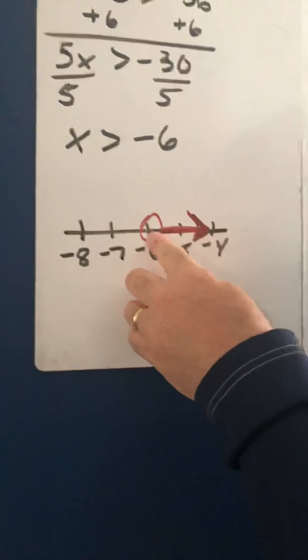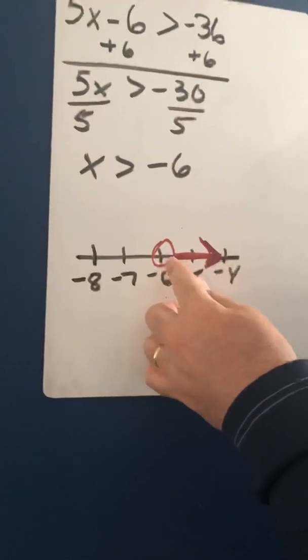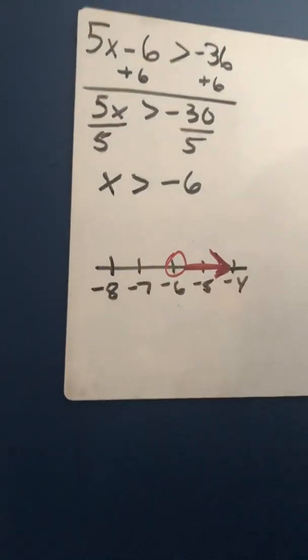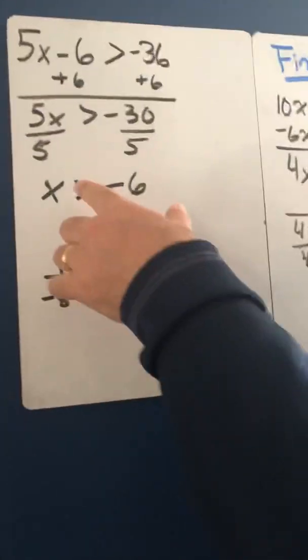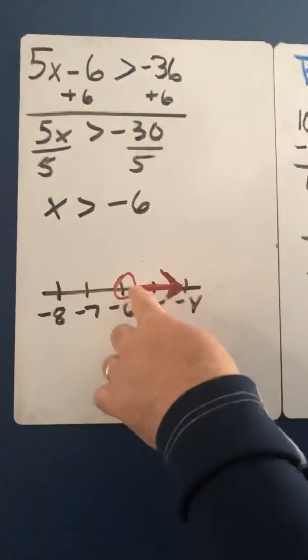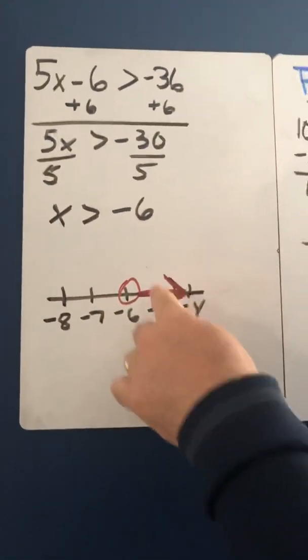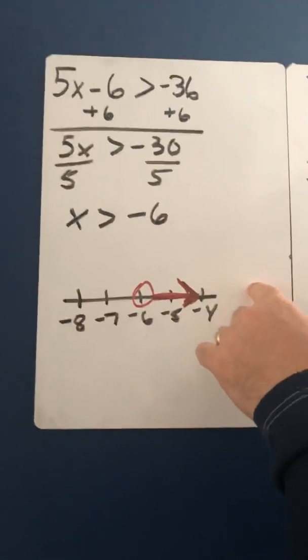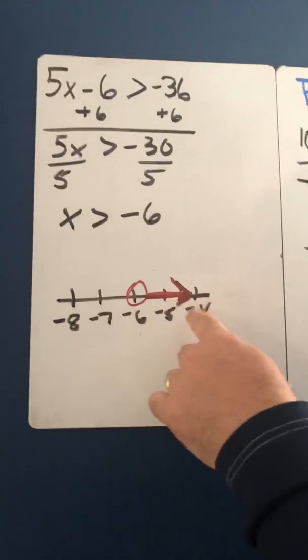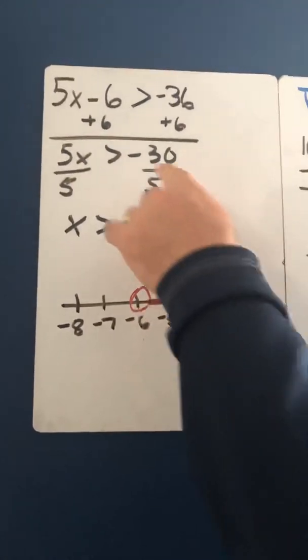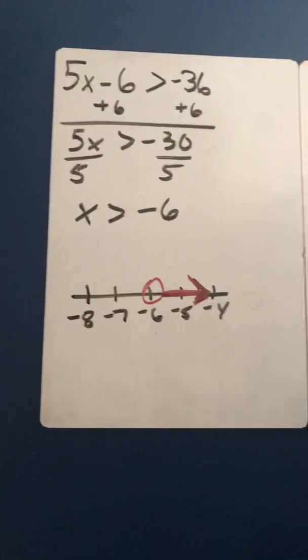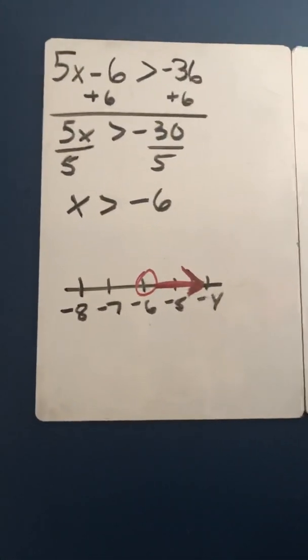This tells me not to include negative 6, but every number that's greater. That's another important difference between inequalities and equations. All the answers that fall on this side of the number line work. Negative 5 is a solution, negative 4 is a solution, etc. So inequalities have lots of answers, where an equation has just one answer.